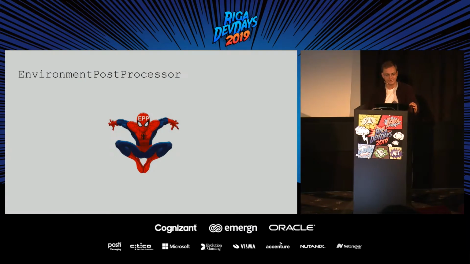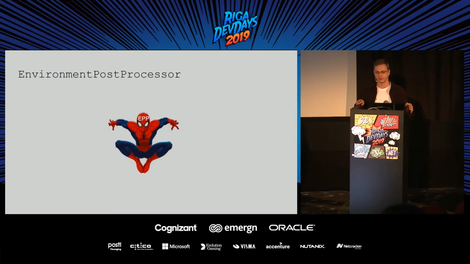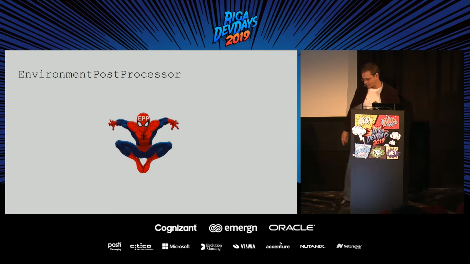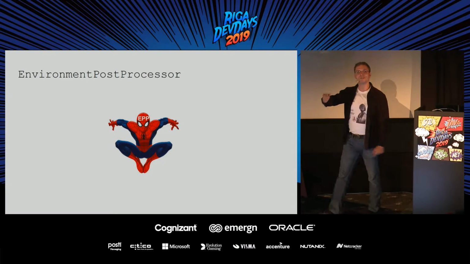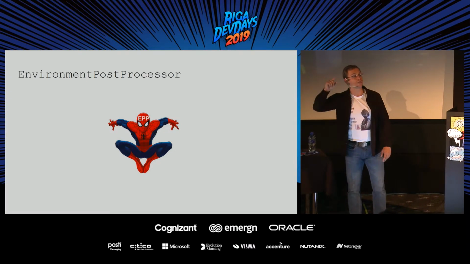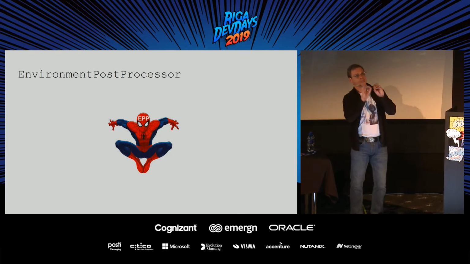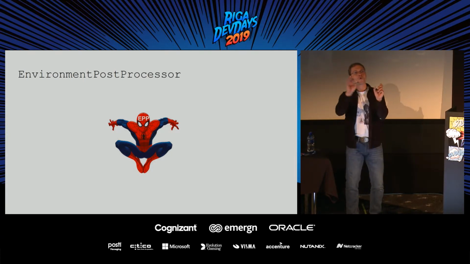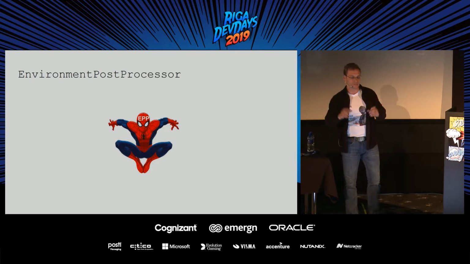In order to do this, we need to know about an additional component called EnvironmentPostProcessor. An EnvironmentPostProcessor works even before the ApplicationContextInitializer. It works in the moment when the environment is built, but before the context has even started, in case we want to fill the environment with additional properties.